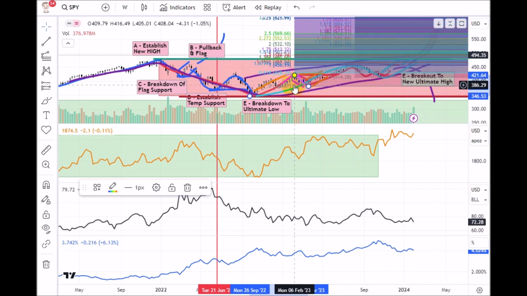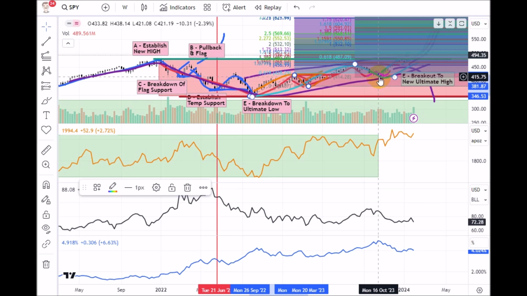So if it's already an A, B, C, 1, 2, 3, indicating that this was the end of wave 1 and this is a wave 2, okay, then we are looking at a base here, which is going to put us up into the 591 to 508 area, okay? Sorry, 568 area.